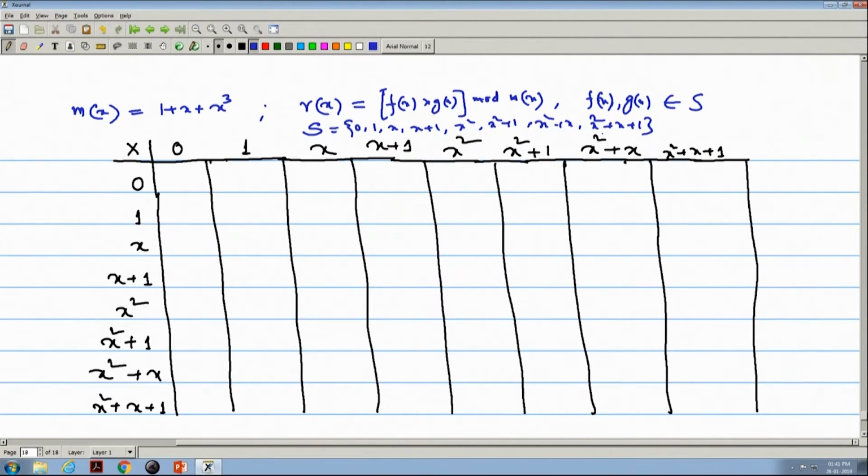Now, if we do the multiplication modulo mx, then 0 multiplied by any polynomial will be 0 only. Now, when multiplied by 1, it gives the polynomial itself.